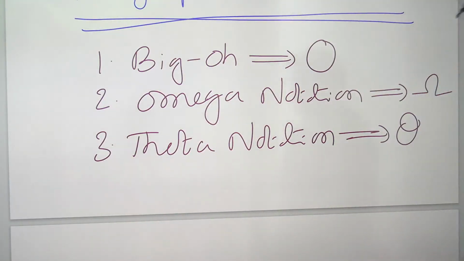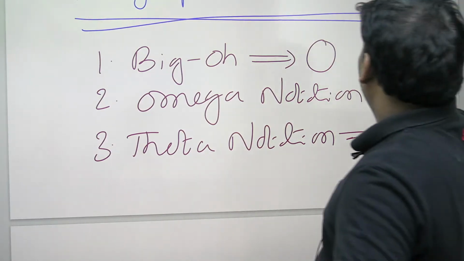I will explain now. Asymptotic notation internally contains big O, omega, theta. Big O notation, I will write that also.